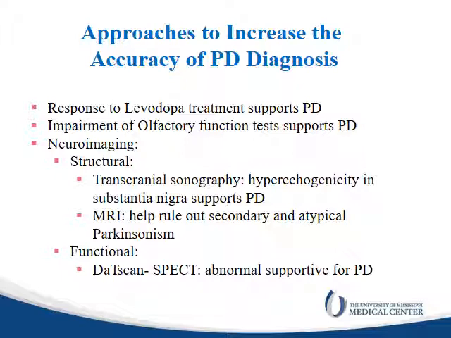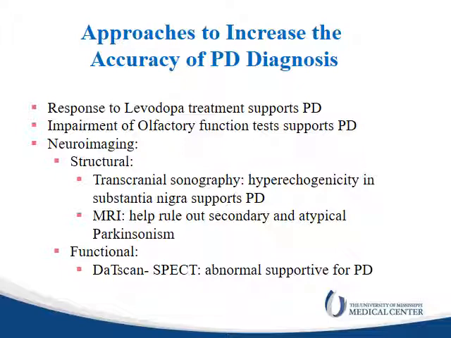And if you do see a positive response with improvement, that convinces you that this patient may have Parkinson's disease. You can do an olfactory function test clinically, and if you do see that the patient has impairment of olfactory function, that supports a Parkinson's disease diagnosis.